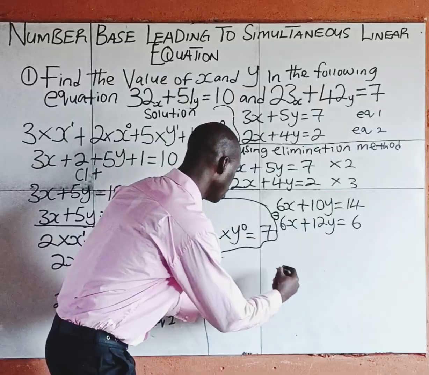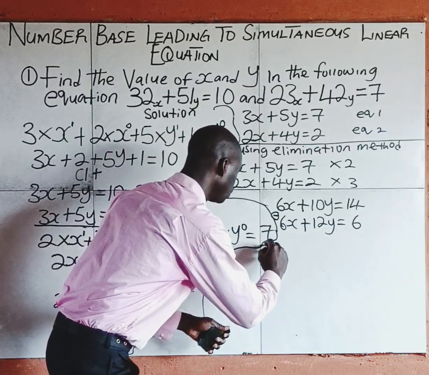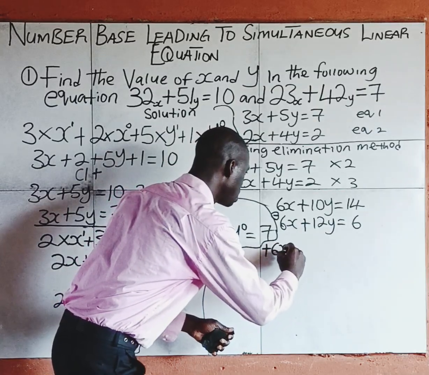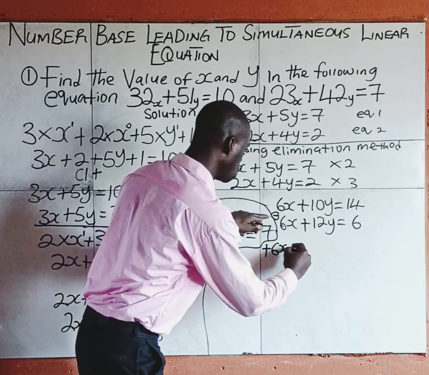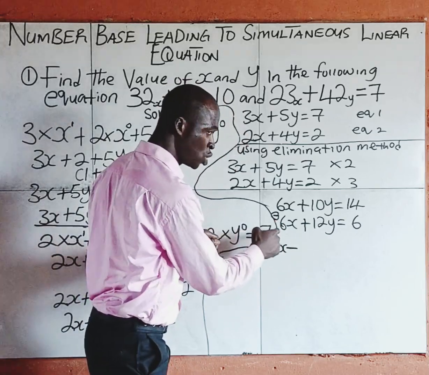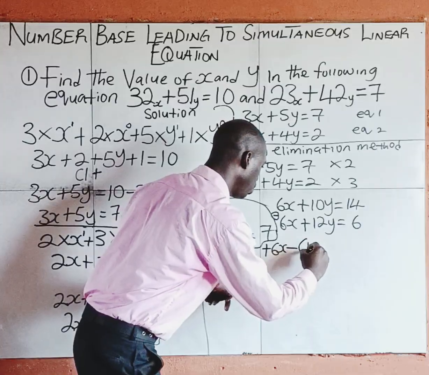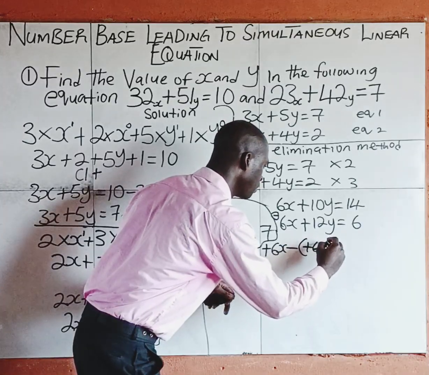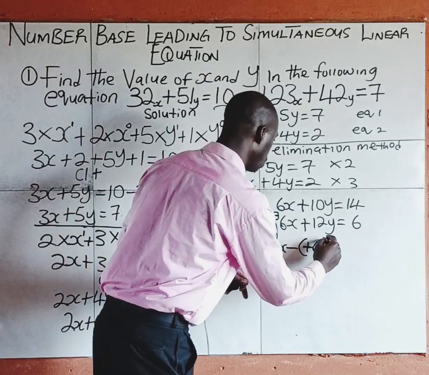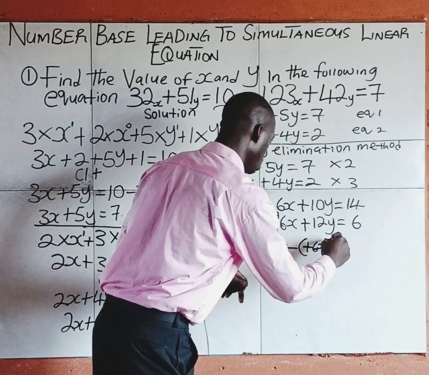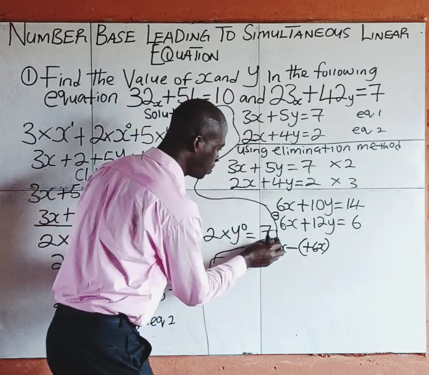Here becomes, using elimination method, plus 6x minus, here again also have plus. Remember what I said, any number without a sign in the left side is plus. Minus plus 6x. Then we are coming here, close bracket. Here becomes, I need space. I'm going to spread this out here.